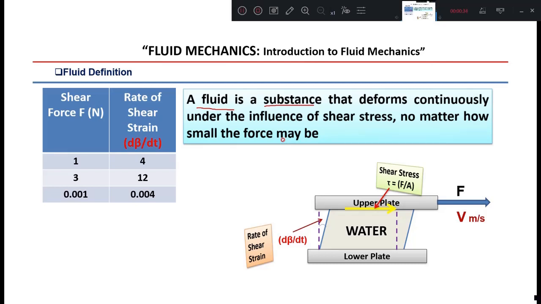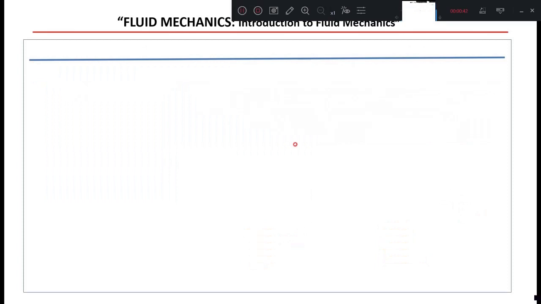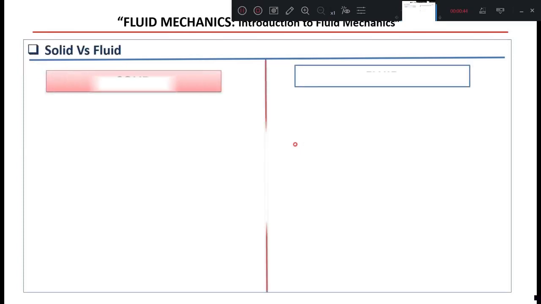So let us now summarize this discussion by listing down the key differences in the behavior of a solid and a fluid. Let us differentiate between a solid and a fluid based on the ability to resist external forces.